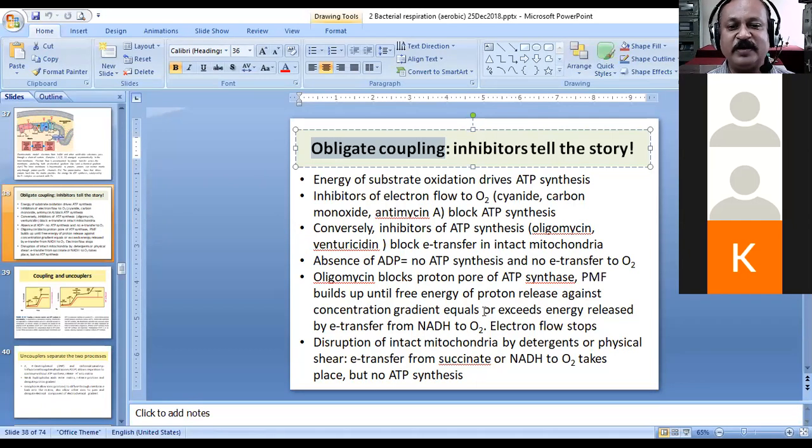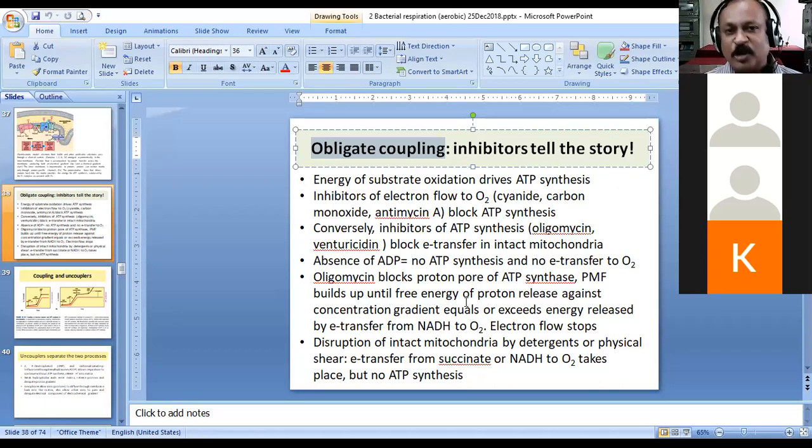Have you all understood it? Yes, sir. Okay. Then another interesting thing is if oligomycin is used to inhibit the ATP synthase, it is actually blocking the proton pore. There is a small pore through which the proton is going in the ATP synthase complex.